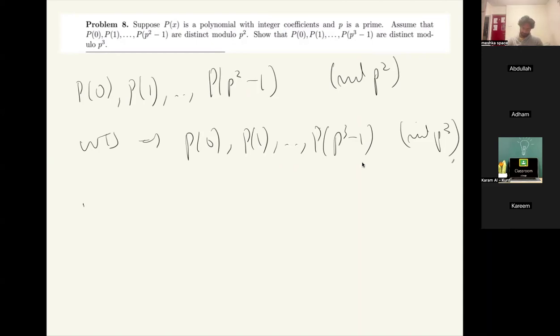So one point is that I can write the values P of 0, P of 1, in some big table like this.